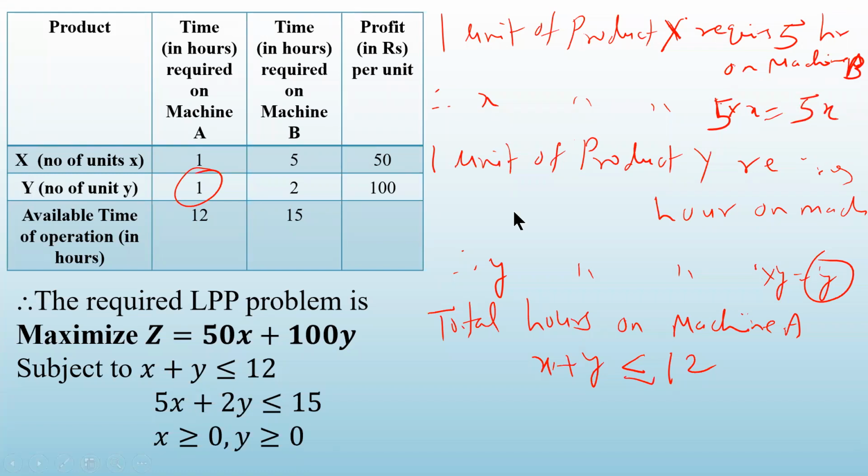Similarly, 1 unit of product Y requires how many hours? 2 hours on machine B. Therefore, y units will require 2 times y, that is 2y.